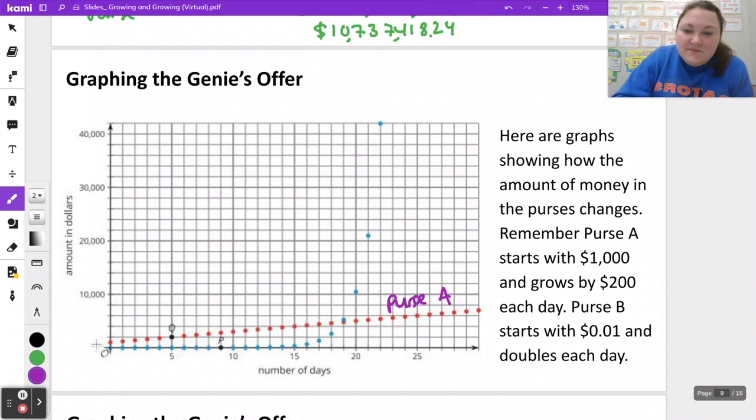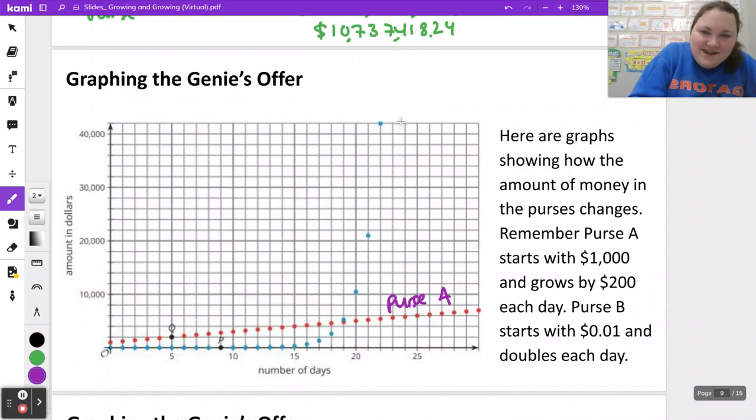And so that must mean purse A is going to be the line that's higher because it starts with more money. Another way you can identify purse A is that red line, because remember we said it was growing by $200 each day. It is increasing by the same amount each day. So notice if I look at that line, it's going up the same amount every single day.